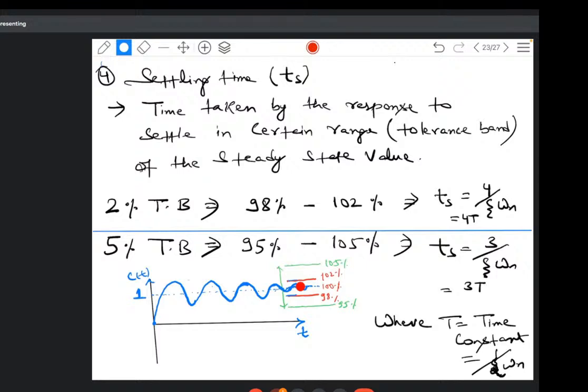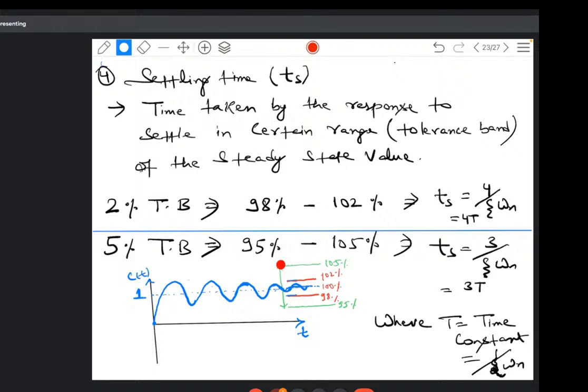So if I'm considering this range or tolerance band to be very less, this will take longer time to get settled, although the accuracy would be very high. But when I'm considering this 5% tolerance band, the settling time will be very less, but the accuracy will be poor.